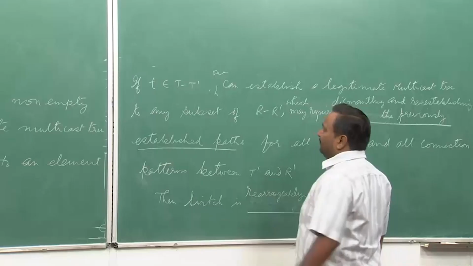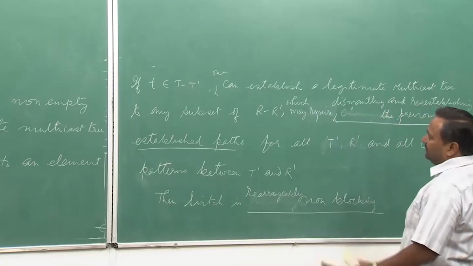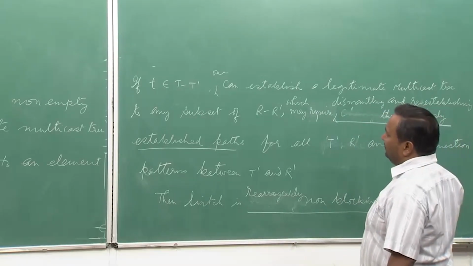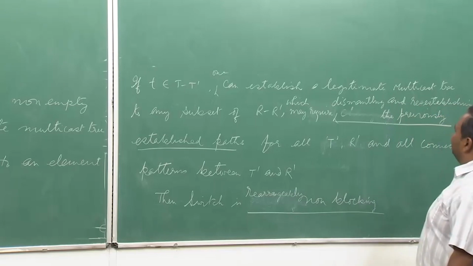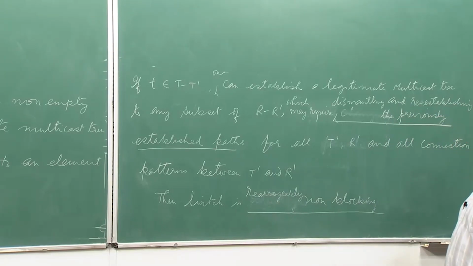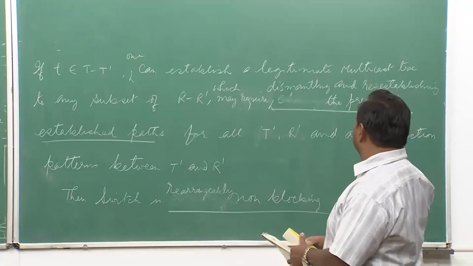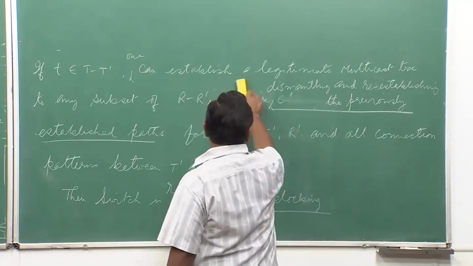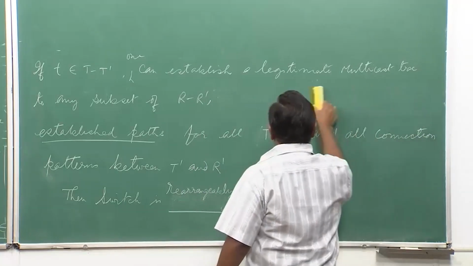One can establish a legitimate multicast tree to any subset of R minus R prime, and I will not be dismantling and re-establishing anything, I will not be disturbing any existing connection.